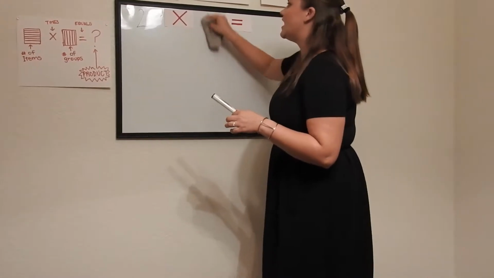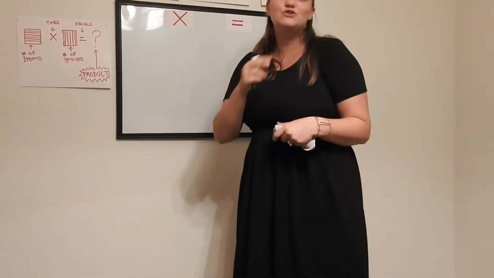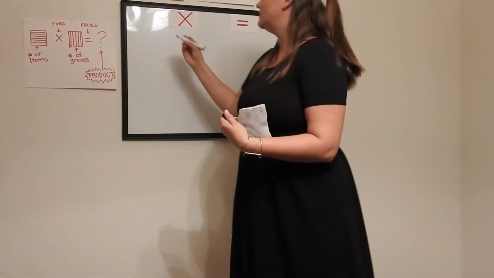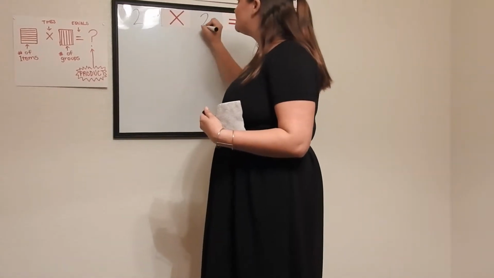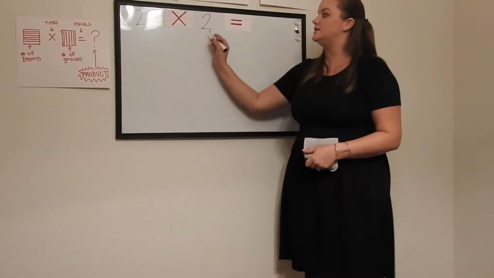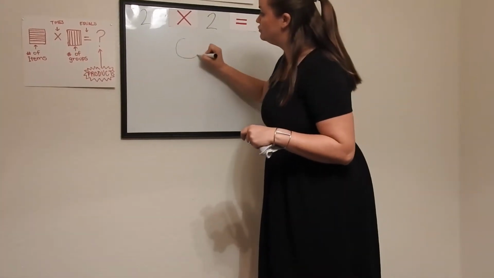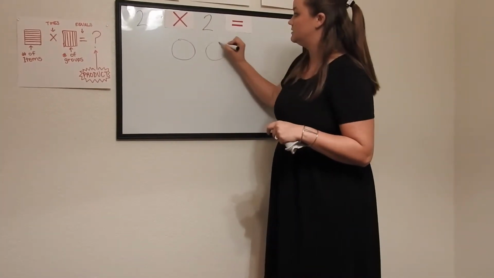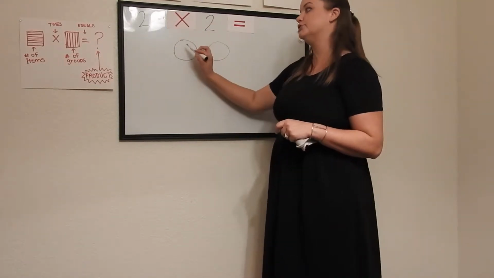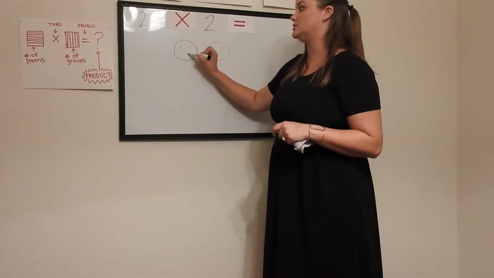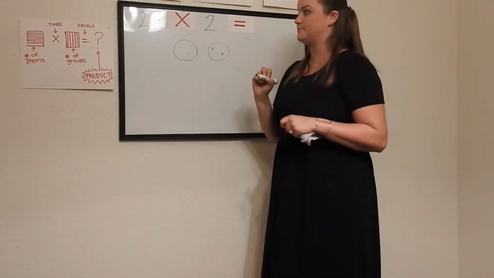All right. What if we try to make it a little bit trickier? What if we have 2 groups this time? Okay? Let's see. 2 times 2. This shows us that we have 2 groups this time. So we're going to draw out 2 groups, and we're going to put 2 in each group. 1, 2, and 1, 2.